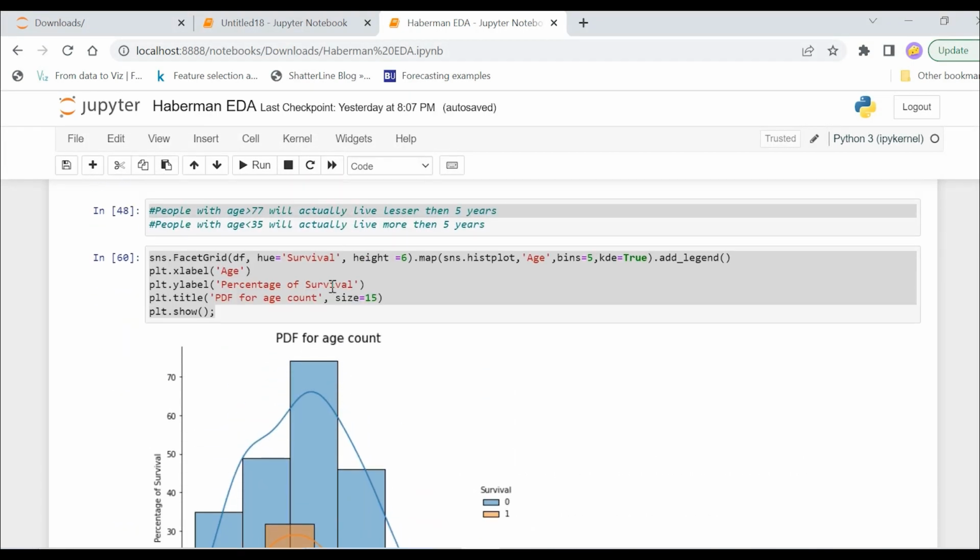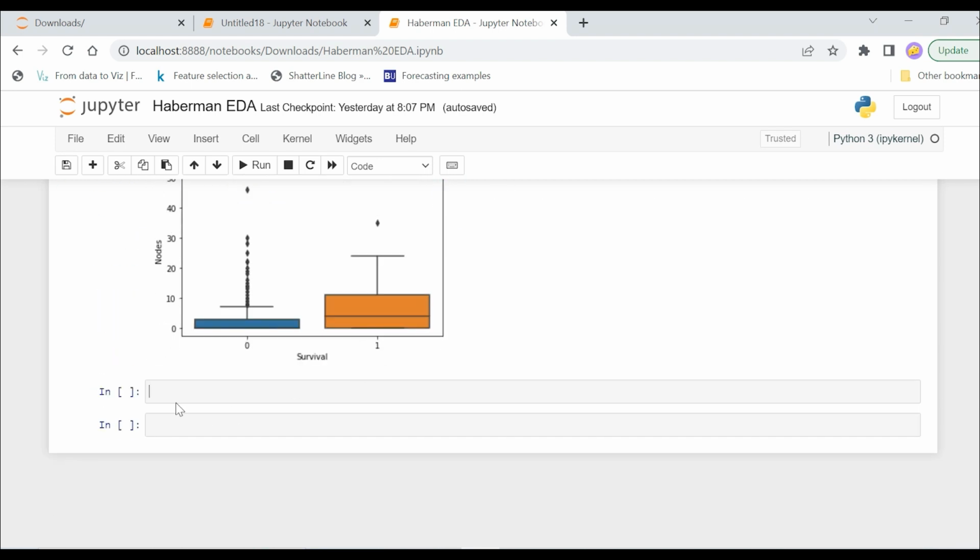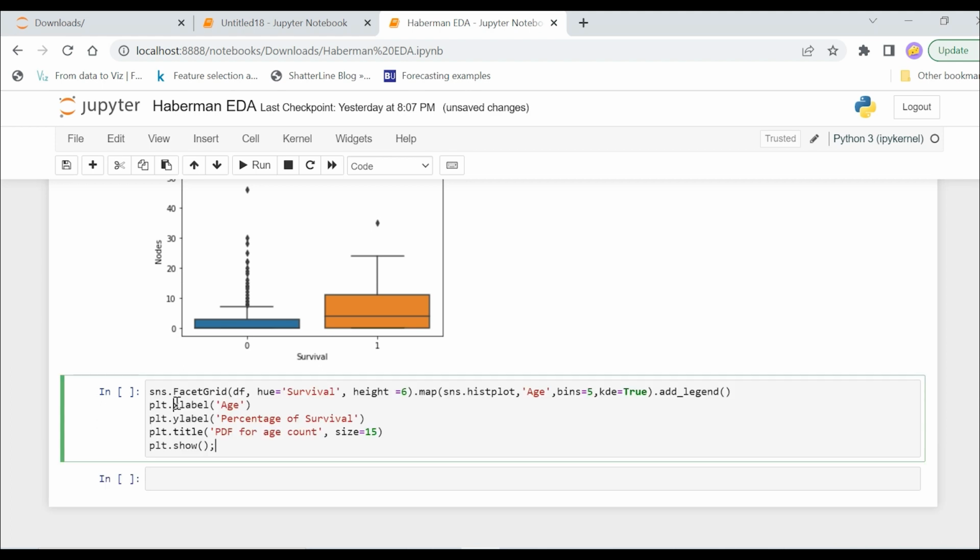Let us copy this code here, and we can try to figure out the percentage distribution of these nodes. I won't keep the kernel density here. I will tell you why. This is the nodes percentages per PDF for nodes.